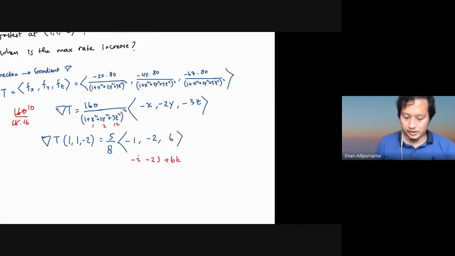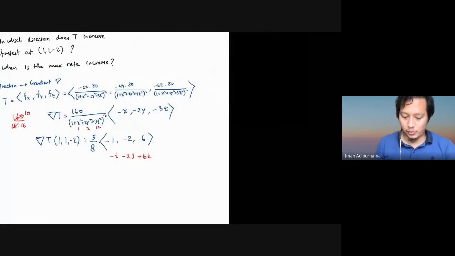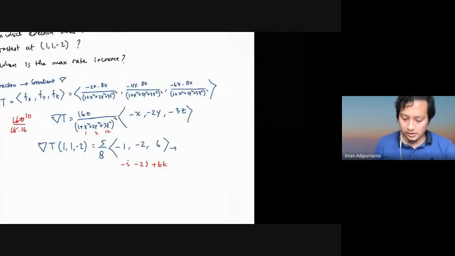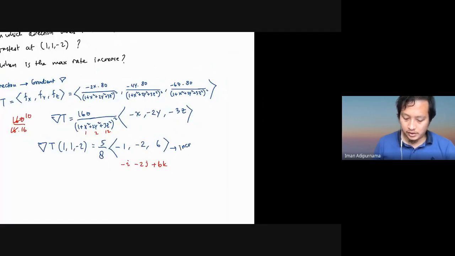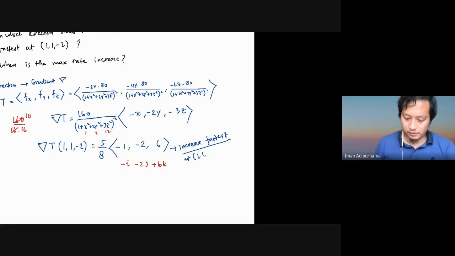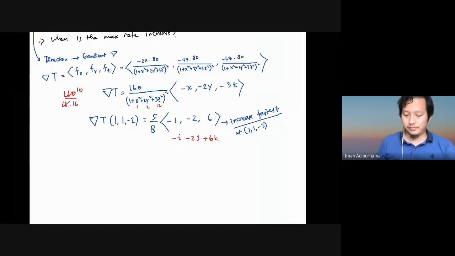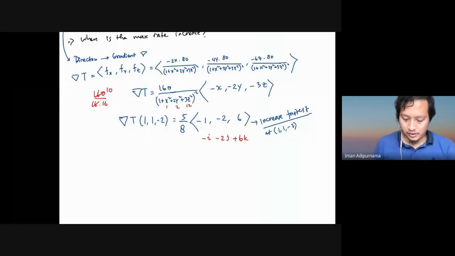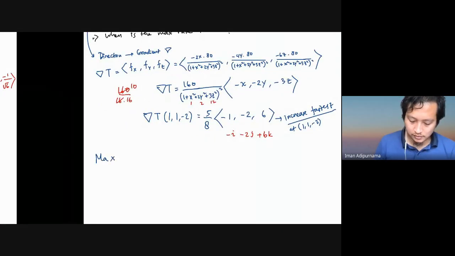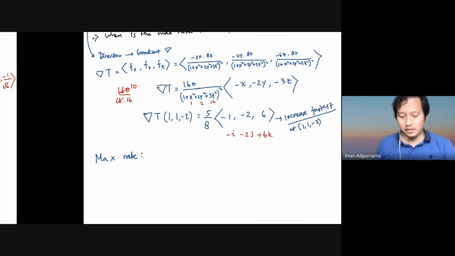So this is the direction that we want to look for. In this direction, the function increases fastest at this point. Okay. The maximum rate, meaning we need to maximize the gradient vector.